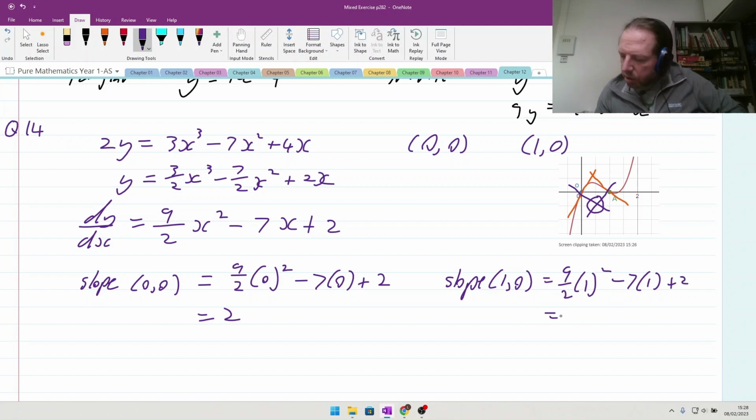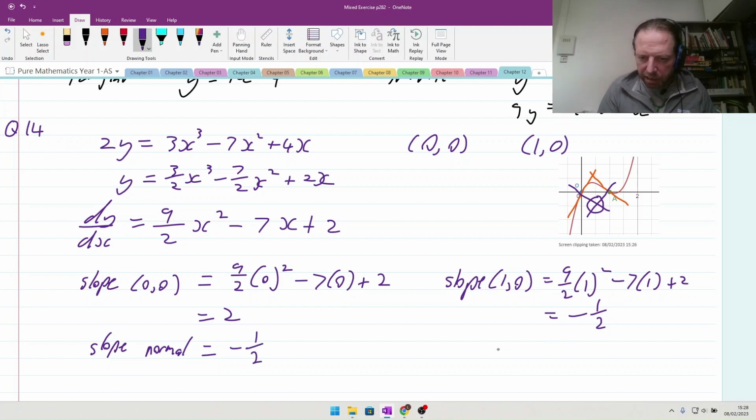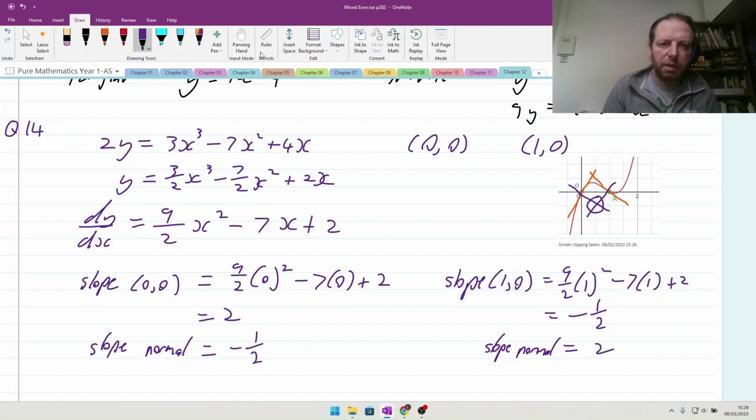So we've got 4.5 take away 7 plus 2, which is minus a half. Okay, so the slope of the normal is equal to minus 1/2 because it's the inverse of that one and the negative, and the slope of the normal here will be 2.